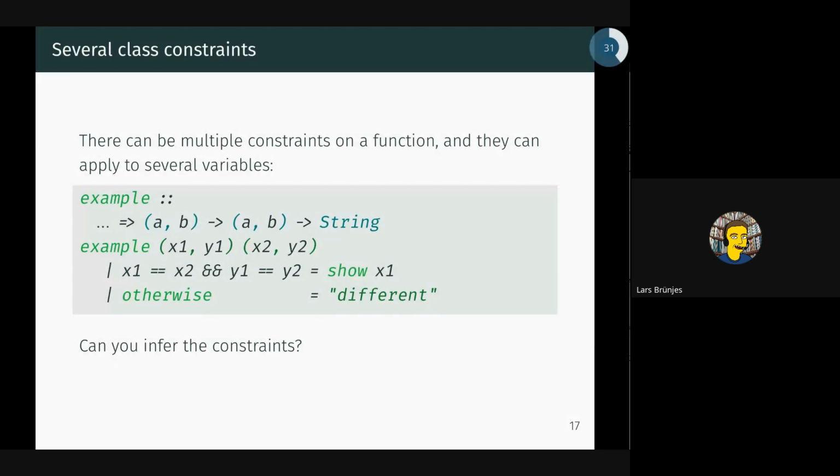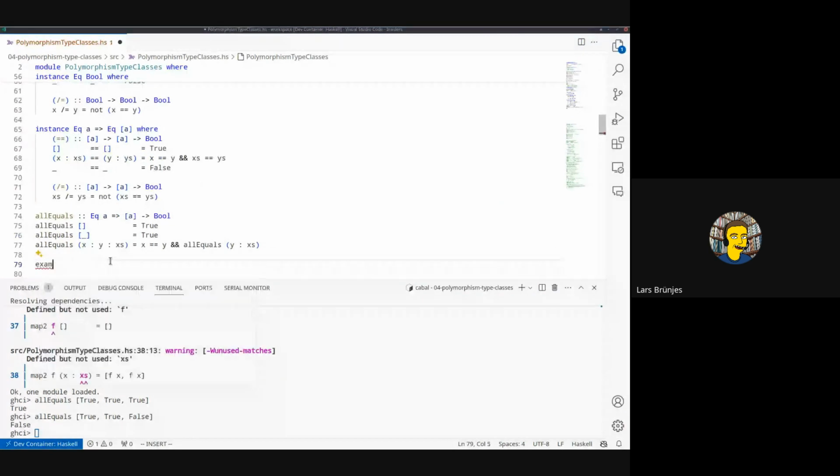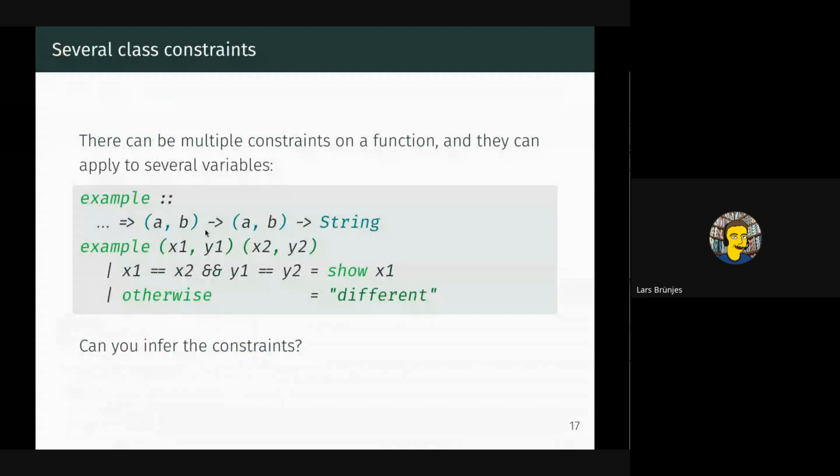And there can also be multiple constraints needed sometimes. So let's look at this example. I want something like this: a pair of an A and a B, and another pair of an A and a B, and I want to produce a string.